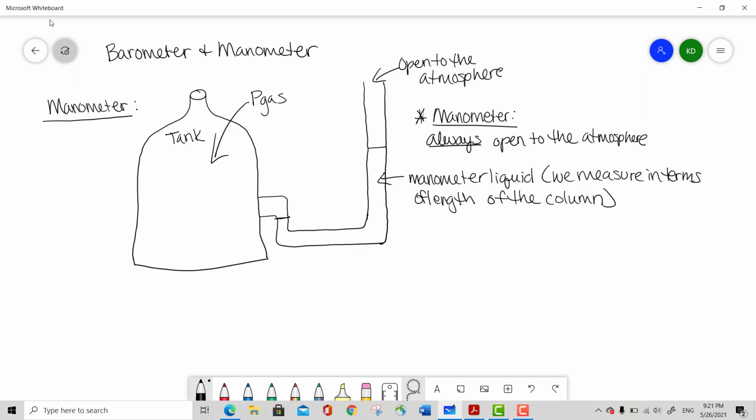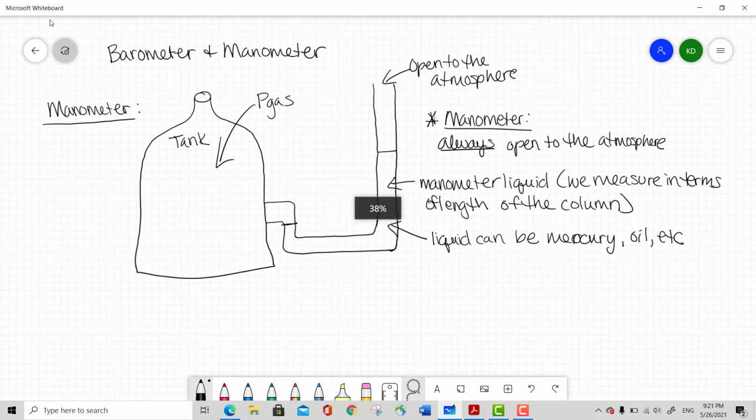So in terms of the length of the column, this is where we measure. If it starts here and it rises up to here, we measure the length of the column. And this liquid can be mercury, you'll see mercury, or oil, etc. You'll see a few of them.